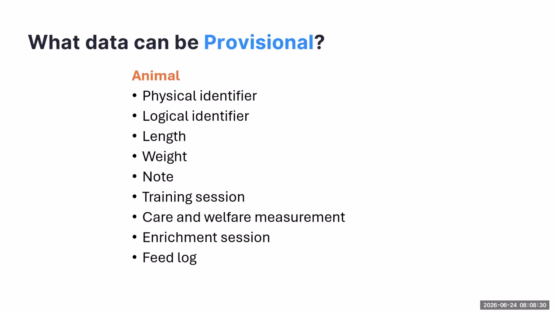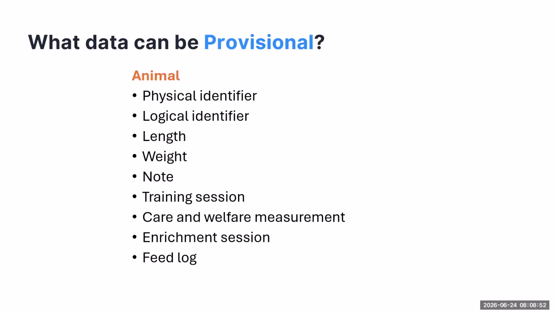Not every functionality in ZIMS is possible to be recorded provisionally. This is the list of animal-related records that can be, because provisional data entry was really designed for records that staff working with the animals would typically add.